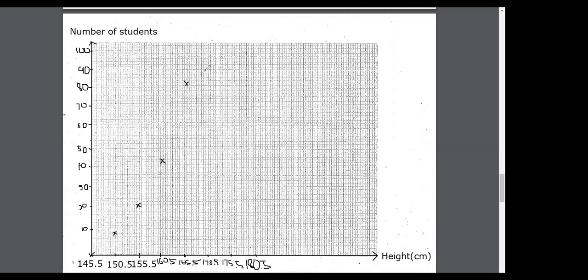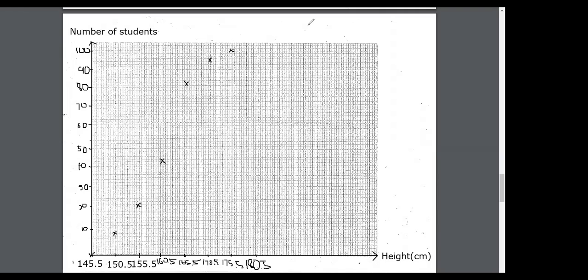So after you plot all the points, you can look at the diagram, plotting until the last one, 175.5, 100. Then you can start to draw the ogive. For your knowledge, the ogive must be smooth. If not, you lose 1 mark for the smoothness.